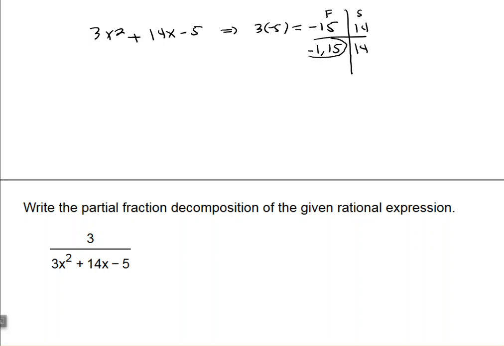So now I take these two numbers, come back over and rewrite my original expression, replacing 14x with negative 1x and 15x. So 3x squared minus 1x, plus 15x minus 5.